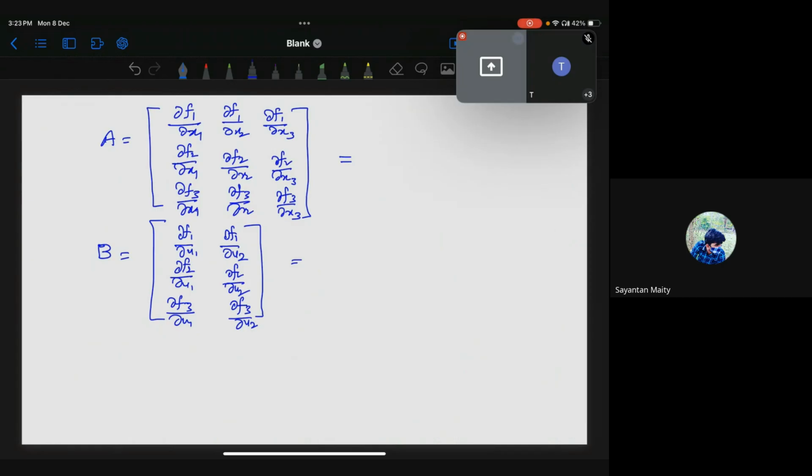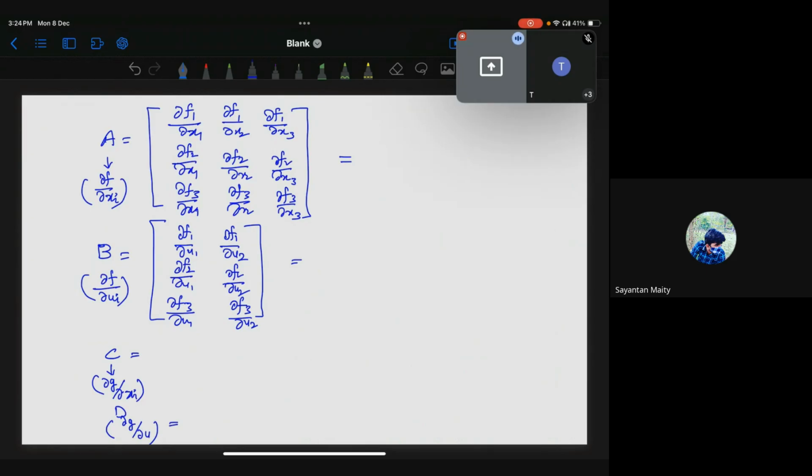So the third one is the C matrix. Here this one is ∂F/∂Xi, this is ∂F/∂Ui, and this is going to be ∂Z/∂Xi. Similarly, D will be nothing but ∂Z/∂Ui.